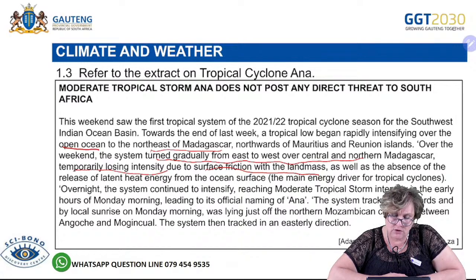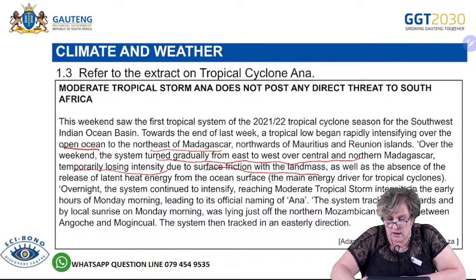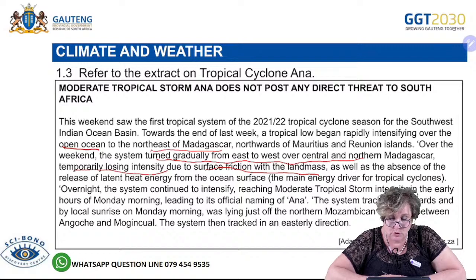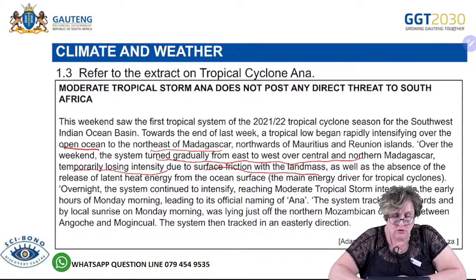The system then tracked in an easterly direction. This article comes from the Zulu Observator, which is a local newspaper in KwaZulu-Natal. Look at all the geographical information in this article. To be honest, only if you are a geographer, you will be able to understand what's going on here. So let's go to the questions.